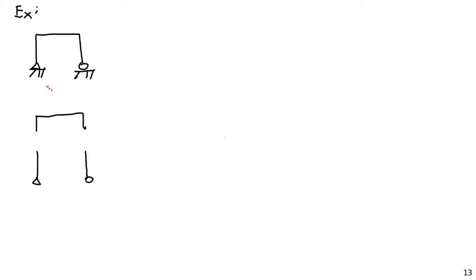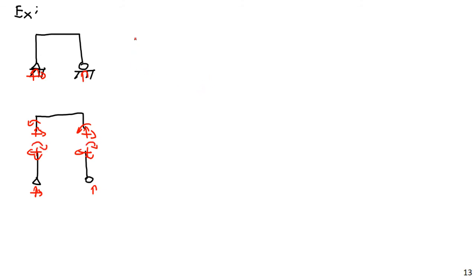If I show the reactions, I would have the same reactions here. But when I cut it, I would have internal forces as well. I'll just go ahead and complete it: to the left, down, to the left, down, and clockwise and clockwise.